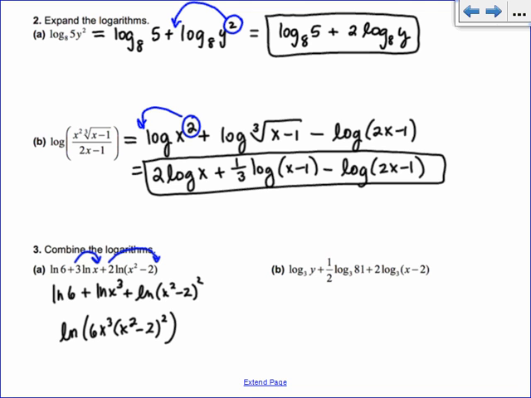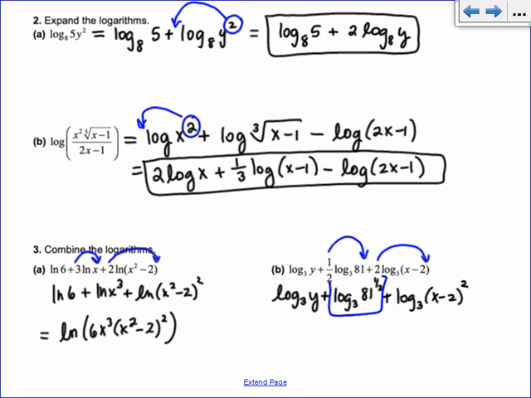Gross, huh? All right, and the next one, I'm going to bring the 1/2 up as a power. So I'm going to have log base 3 of y plus log base 3 of 81 to the 1/2. I'm going to bring the 2 up as a power as well. So plus log base 3 of x minus 2 squared. What about log base 3 of 81 to the 1/2?